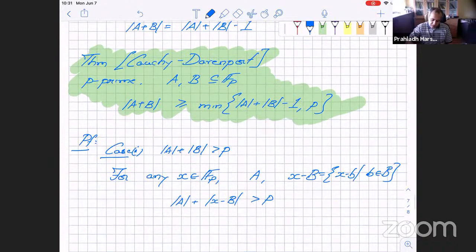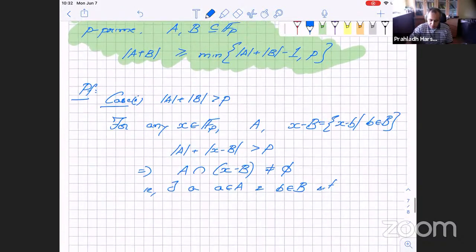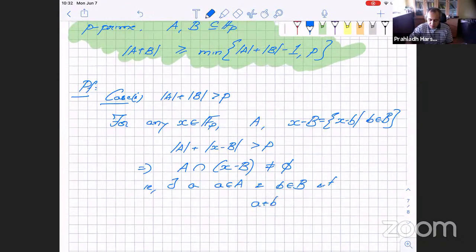Hence A intersection x minus B is not empty. That is, there exists an a in A and a b in B such that a plus b equals x.